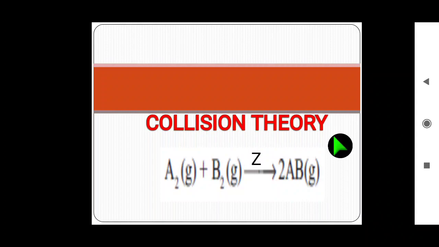Now we are going to see the topic collision theory. Here we can find the general equation: A2 molecule reacts with B2 molecule, and they give 2 moles of AB molecules.